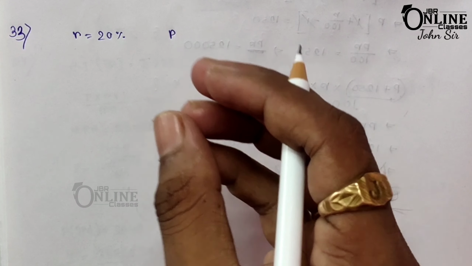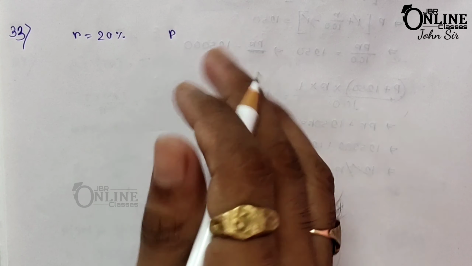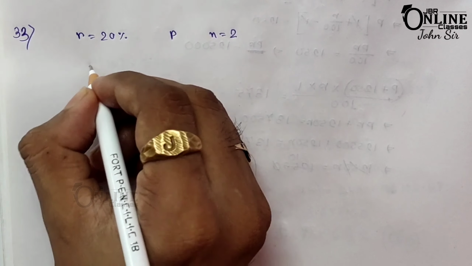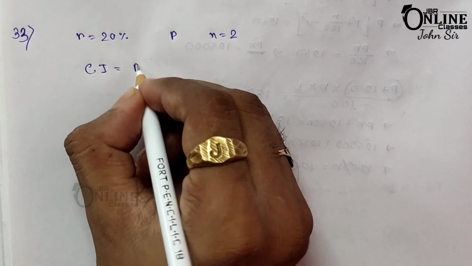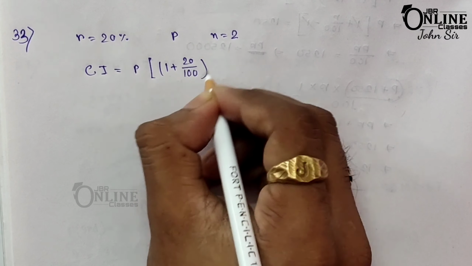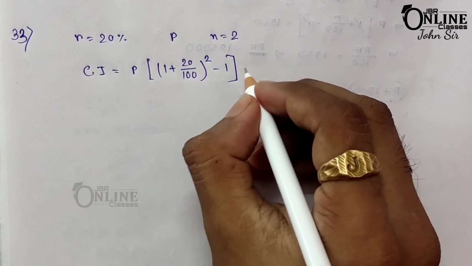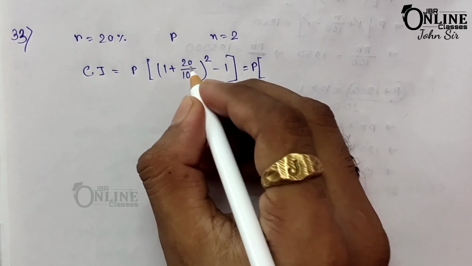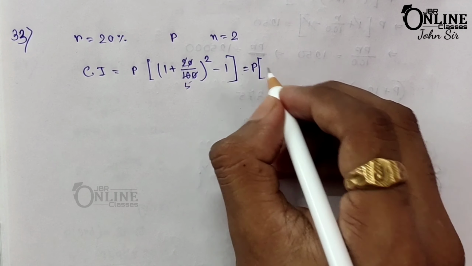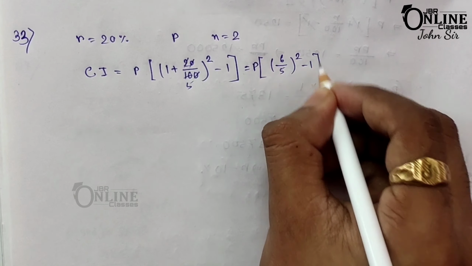So that means first you have to find out the compound interest for the 2 years. So here n equals 2, and as you know the CI will be P into (1 plus R, meaning 20 by 100) whole to the power 2 minus 1. So that means P into, 20 by 100 is 1 by 5, so 1 plus 1 by 5 means 6 by 5. So it will be 6 by 5 whole square minus 1.